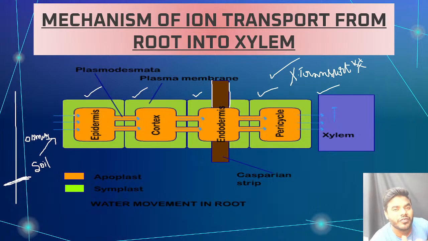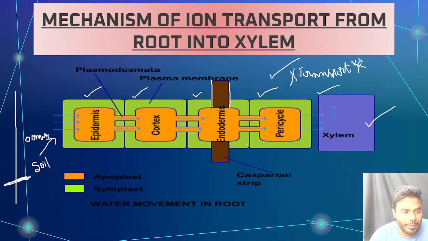Now some of the water molecules to enter into the xylem follow the symplastic pathway. Some of the water molecules to enter into the xylem follow the apoplastic pathway. Don't confuse. Should not think that all can follow one pathway. No. Some of the water molecules can follow the symplastic, some can follow the apoplastic.